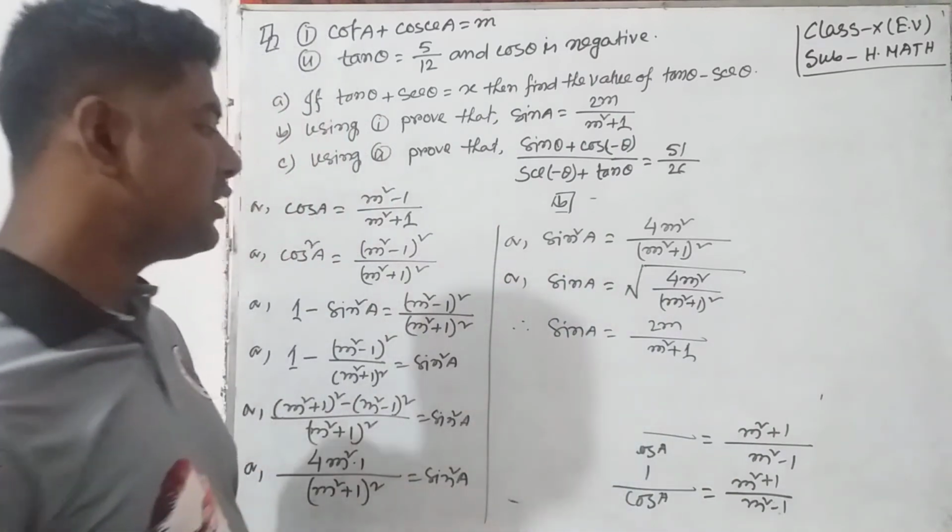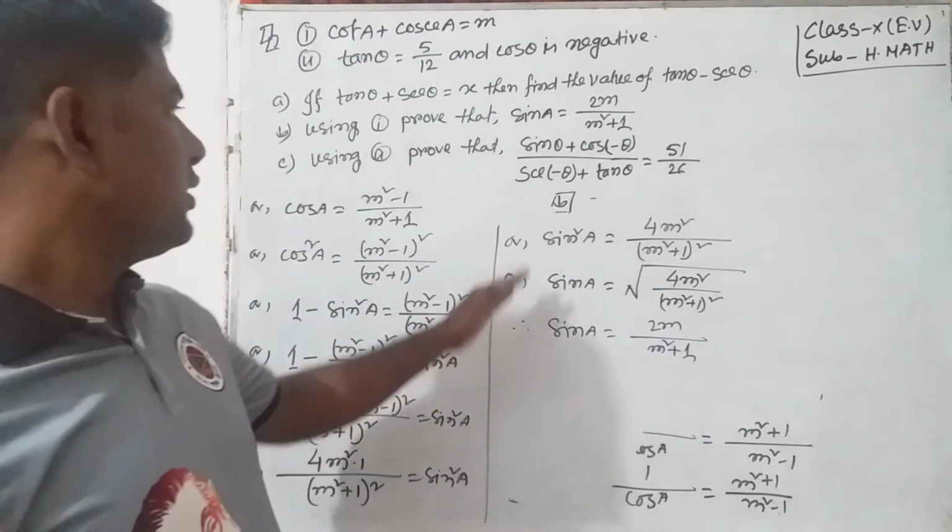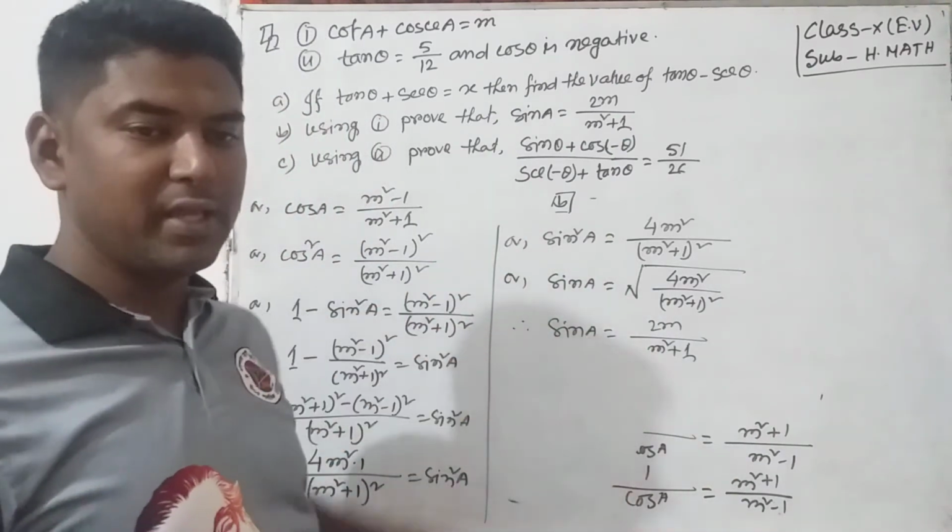At last we find the value of sin A equal 2m by m square plus 1.